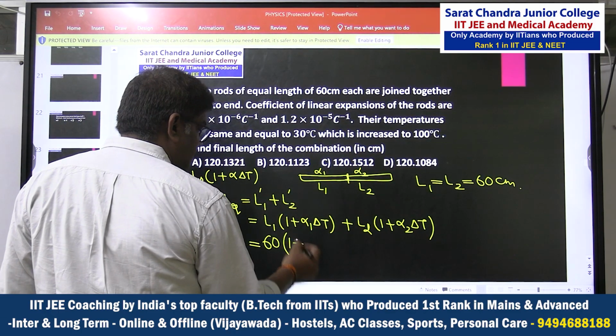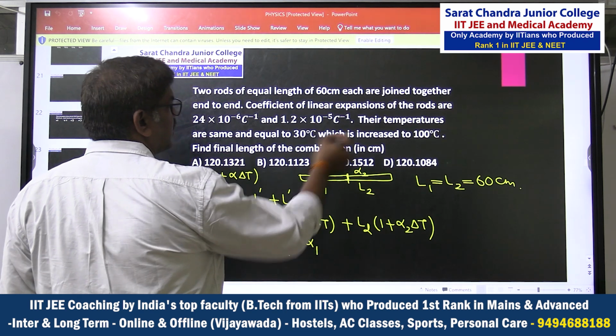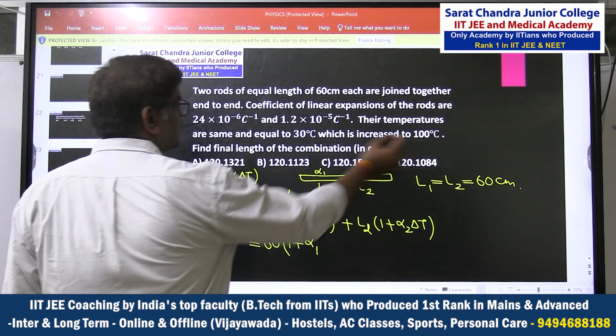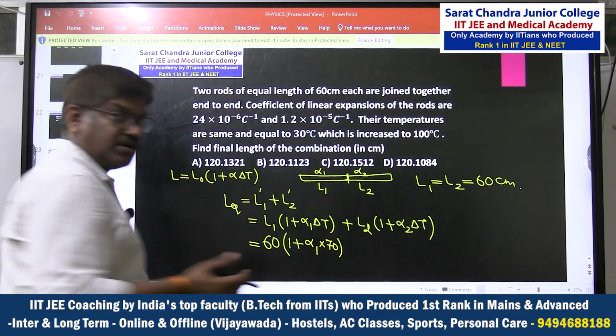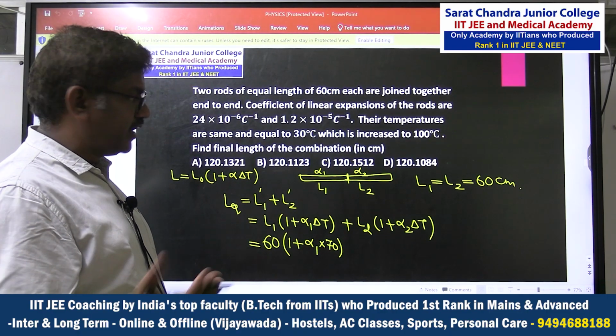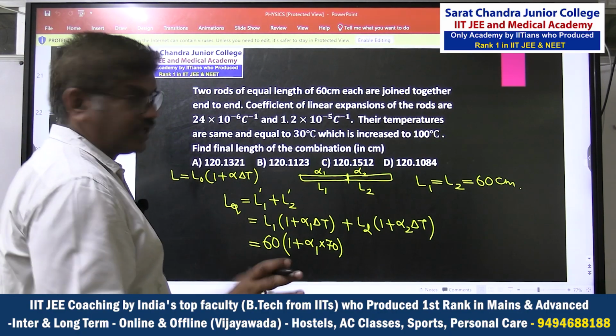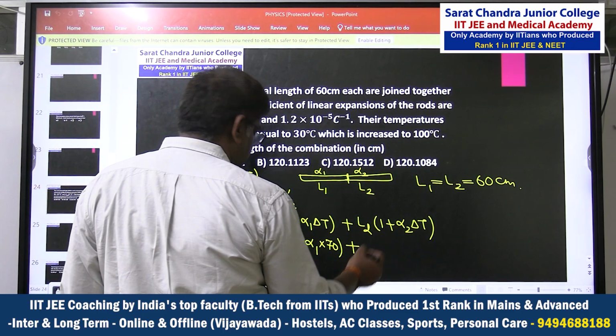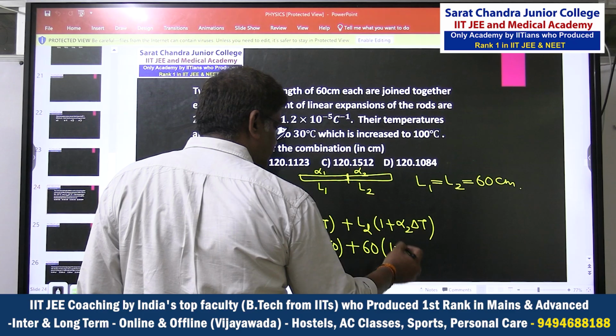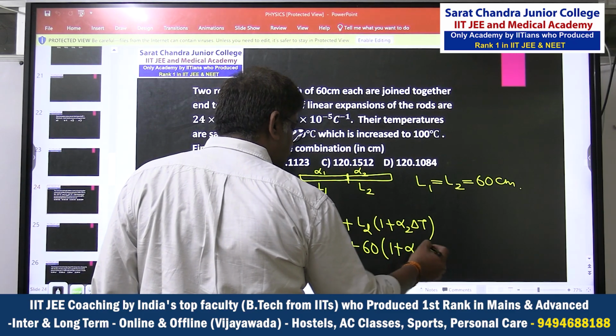So it is 60 (1 plus alpha 1, delta t), where delta t goes from 30 to 100, meaning the change is 70. You don't need to convert the temperature change into Kelvin. If it is an absolute temperature, then you need to convert, otherwise delta t is fine. And this is also 60 (1 plus alpha 2 into 70).